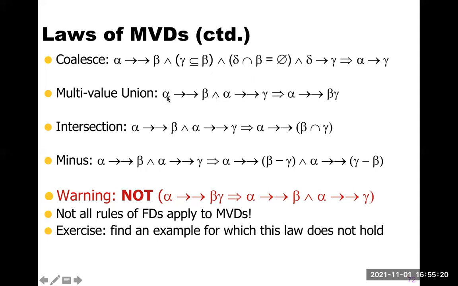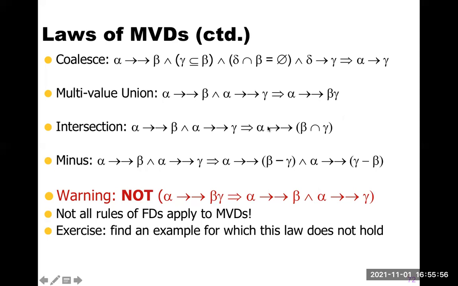Union: alpha to beta and alpha to gamma. Oh, sorry, and then alpha to beta and gamma. So we may combine everything on the right. Intersection: alpha to beta and alpha to gamma. We may say not only union, multi-value intersection is possible too. So beta is a set of columns, gamma is a set of columns. We may combine them or find their intersection.